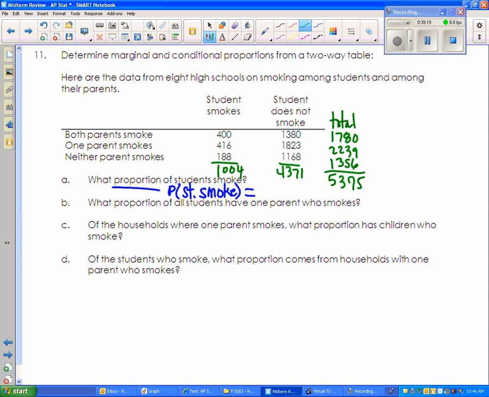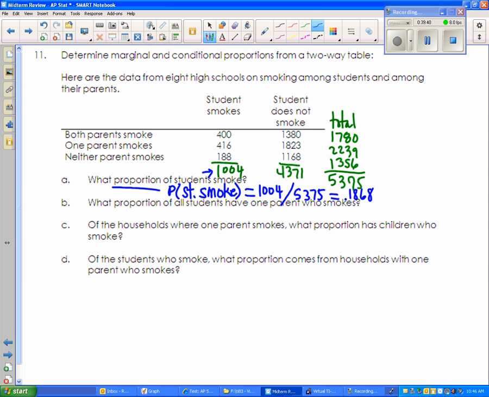I think I added everything right. So if I want to find the probability or the proportion of students who smoke, I'm looking out of everybody. There were a total of 1,004 students who smoke out of the entire group of 5,375. And that, I think, reduces to 0.1868.